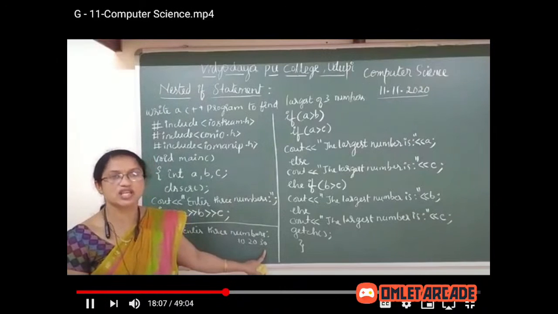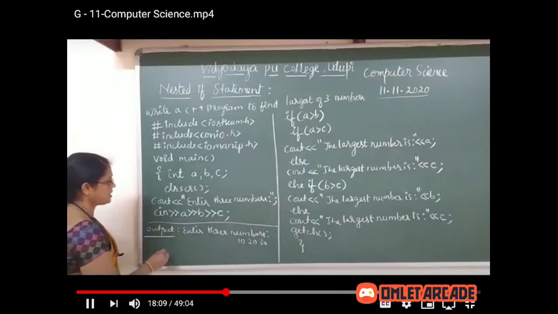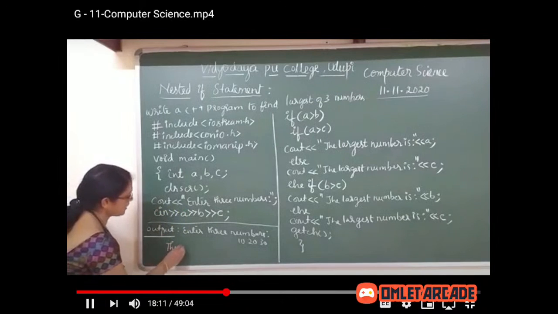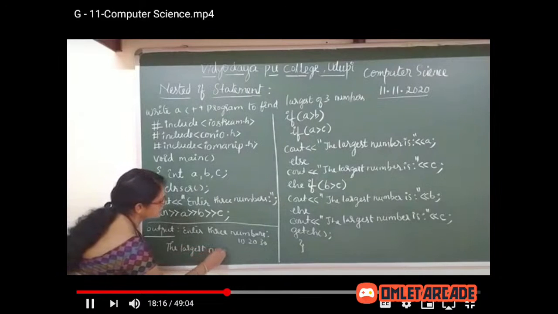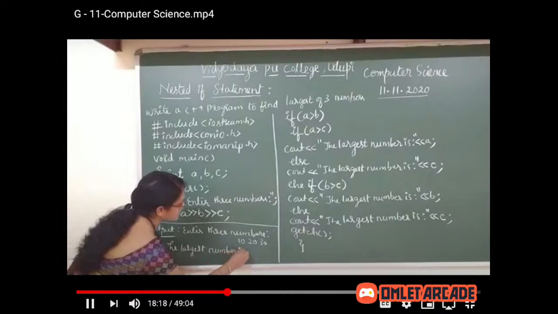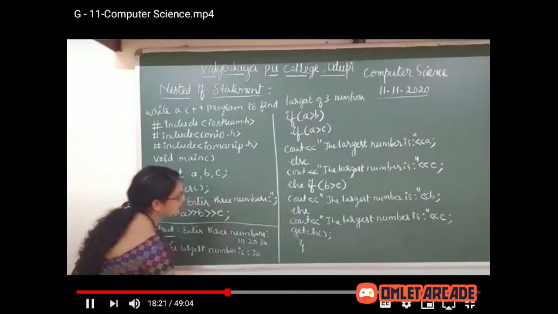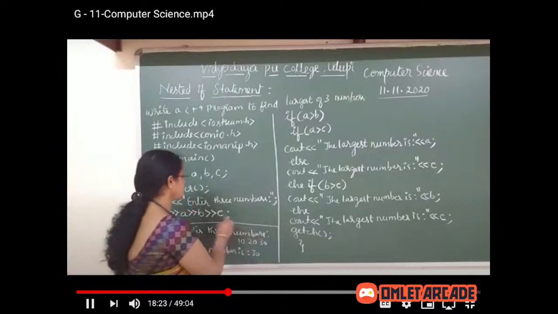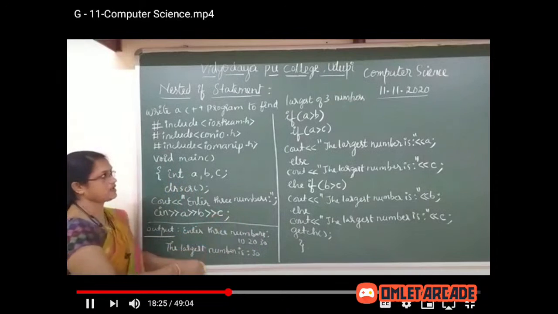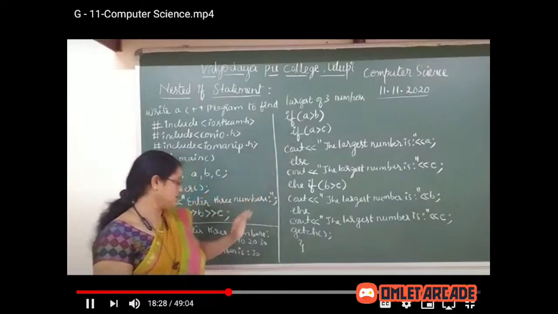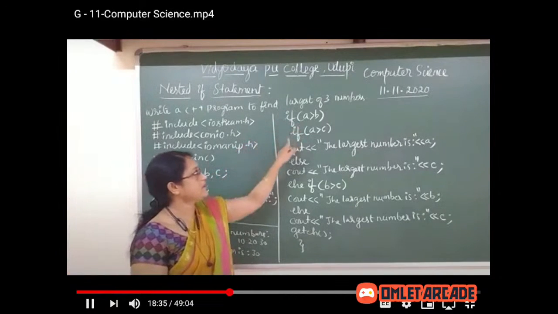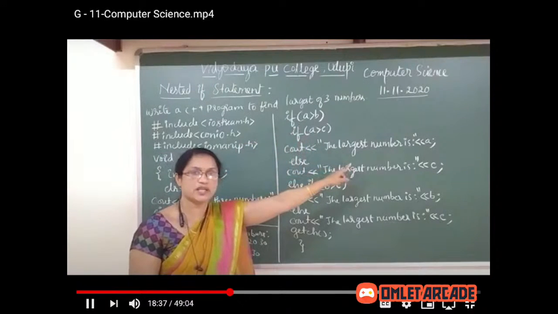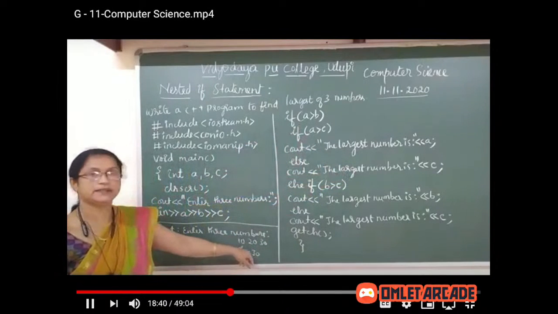The largest number is c, right? So c's value will be printed on the screen. Largest number is 30. Here, this is the output. At the end you have to write it because this is the output. Okay. So, if a greater than b, a greater than c, then largest is a. See here.